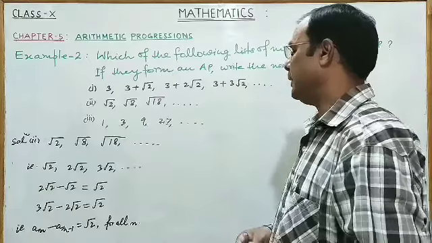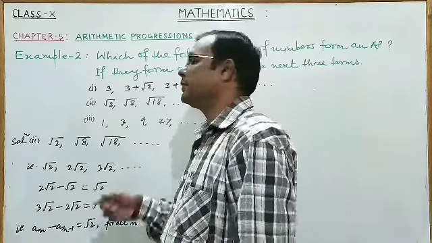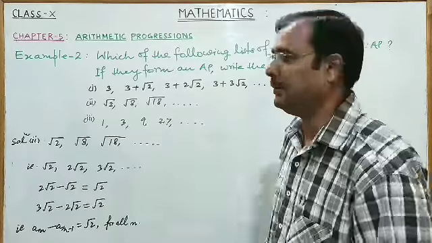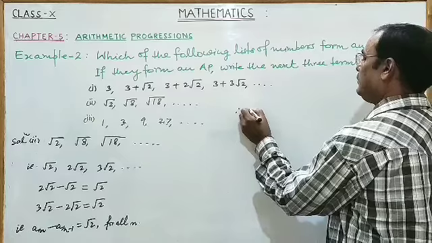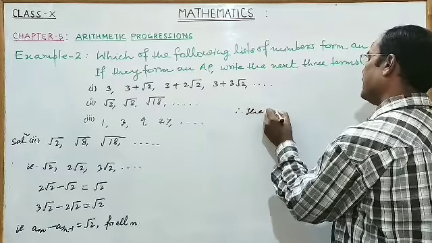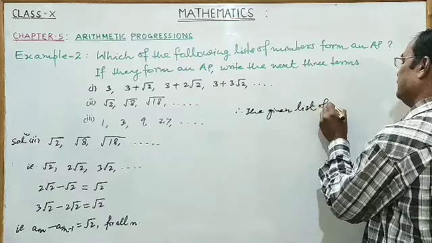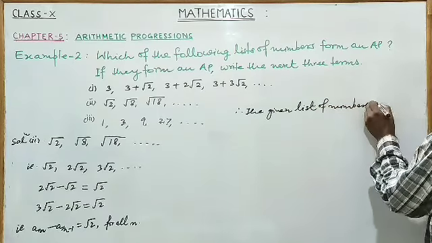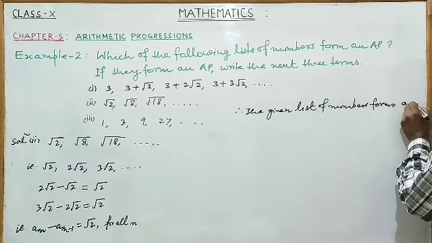This means the difference between consecutive terms of this list of numbers is same every time. Therefore, we can say that the given list of numbers forms an AP.